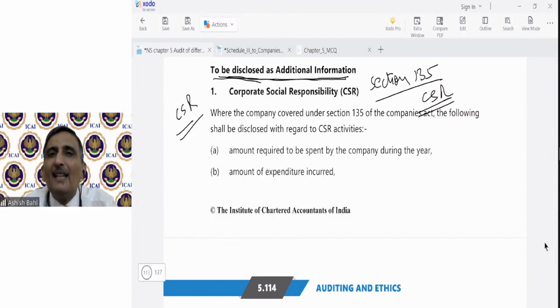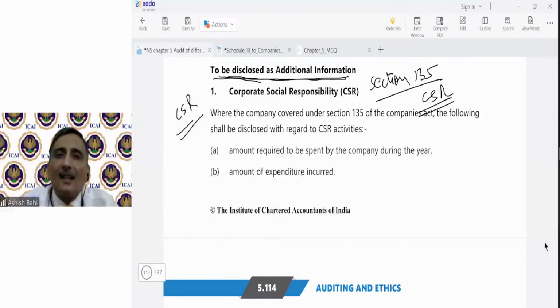So all companies are not liable to incur expenditure on CSR. CSR expenditure is required to be incurred in accordance with the requirements of Section 135 of the Companies Act 2013. Okay.